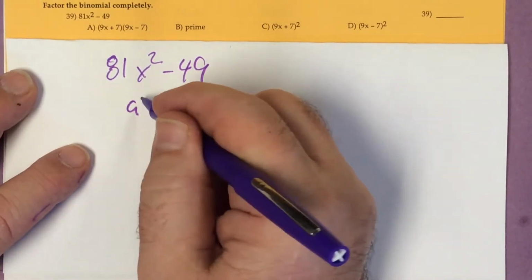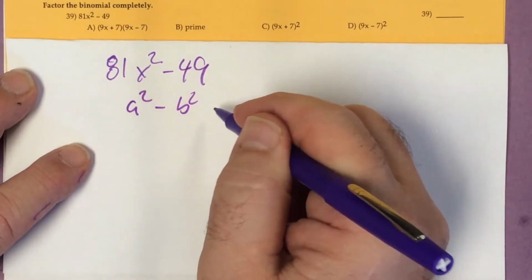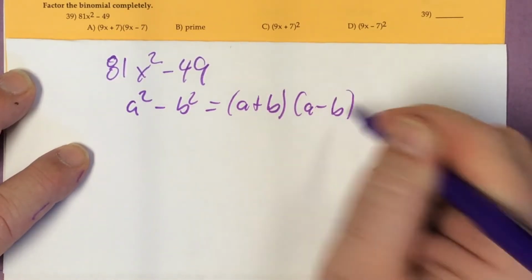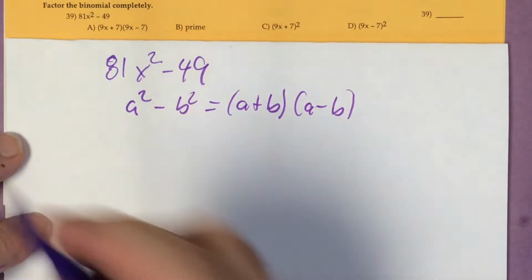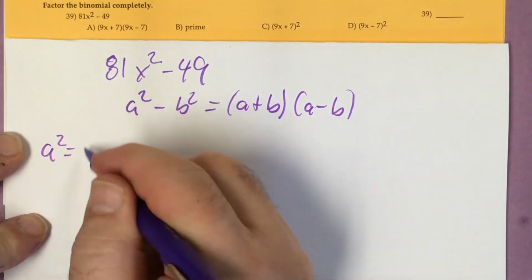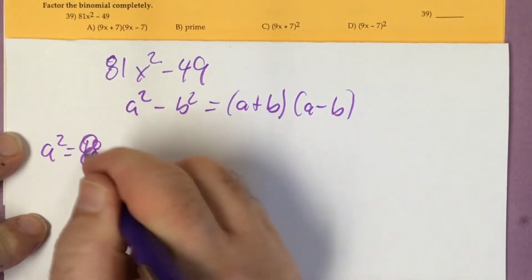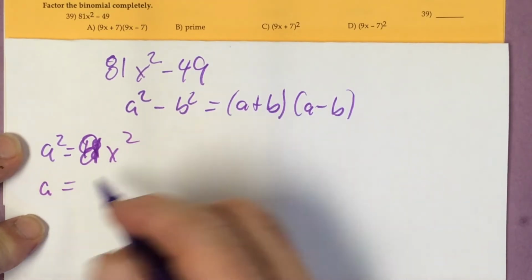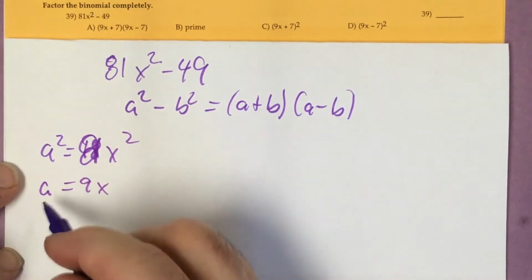So the formula reads, if we have a squared minus b squared, then the factors are a plus b times a minus b. So what we do is we establish that a squared is equal to 81 x squared. That means that the square root, or a, is going to be equal to 9x.